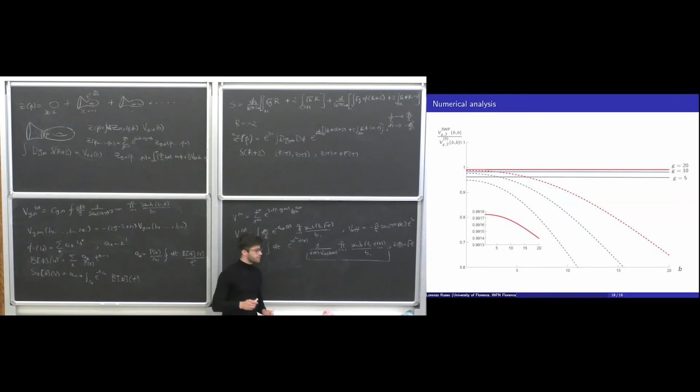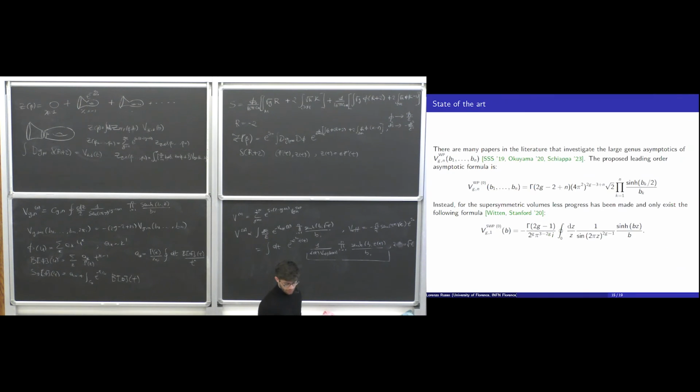If you do this, you exactly get the result that I show you here in the first line. So basically by means of resurgence, and by leveraging the knowledge that we gained from some physical theory, we were able to extract some asymptotic formulas for complicated mathematical objects.